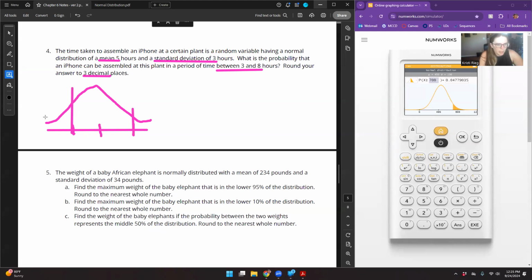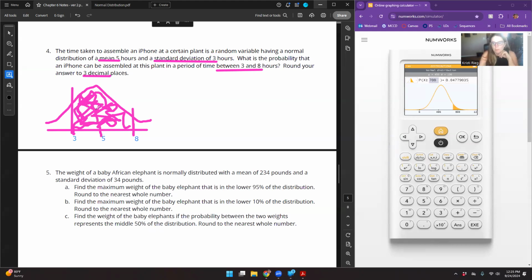The smaller number is 3, the mean is 5, and the bigger number is 8. It says we are looking for between, so all of the space in between. You always want to draw pictures so you make sure you're doing the right thing on the calculator.